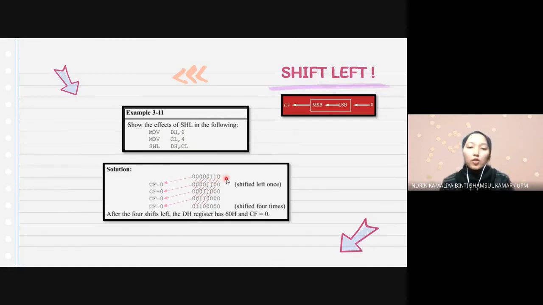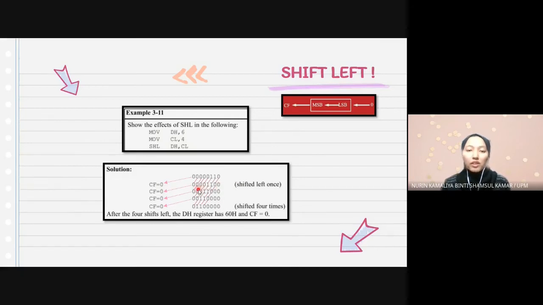Alright, if you want to shift to the left, you take the 0 at the MSB here and take it as the first carry flag, and after that you shift bit by bit to the left and insert 0 at the LSB.